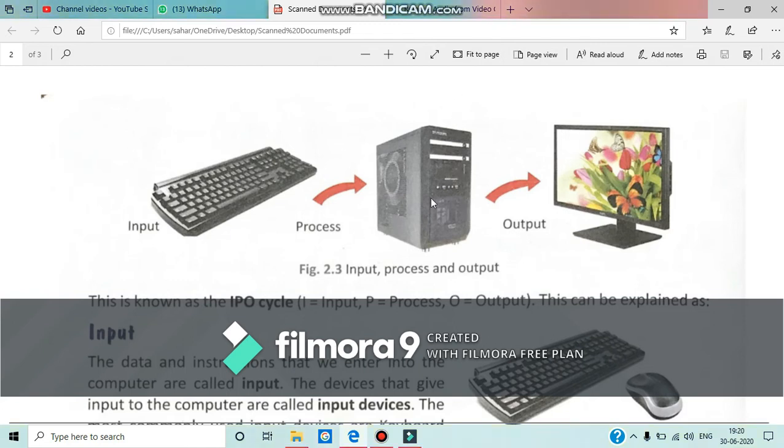You know the name of the box, CPU or central processing unit. So basically the CPU will process the data or instruction and then give the result through an output device. What is the name of this output device? This is the monitor. So keyboard is an input device, CPU is a processing unit and monitor is the output device.